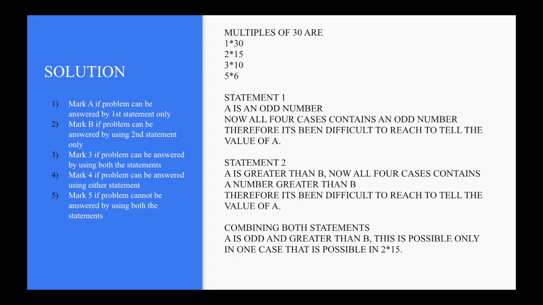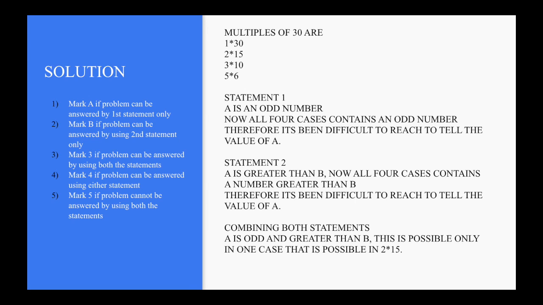Let's combine these two statements. A is an odd integer and greater than B. That would be possible only when I consider option B, in which I've written the product of 30 as 2 into 15. Here 15 is an odd integer and 15 is also greater than 2.